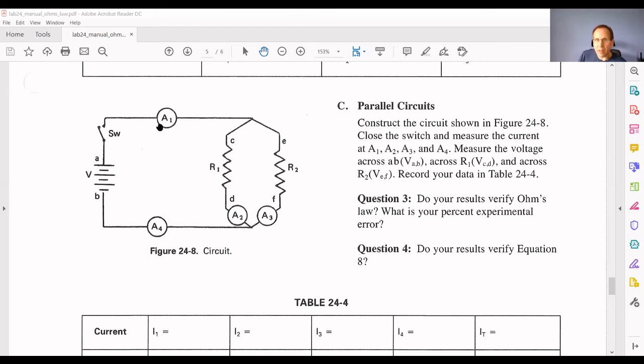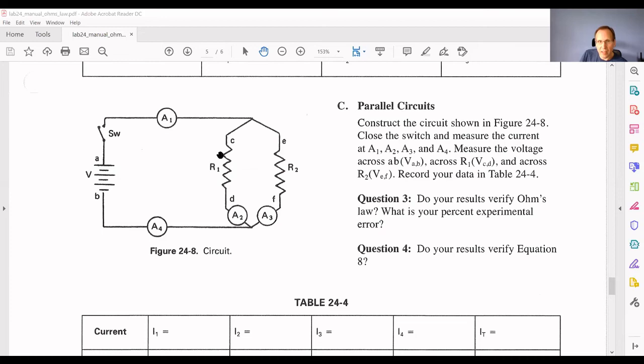These are the 4 locations, where these A's are, the ammeters are. A1, you want to measure here. A2 is right after the first resistor, but right before it reaches the node here. A3 is right after the second resistor.